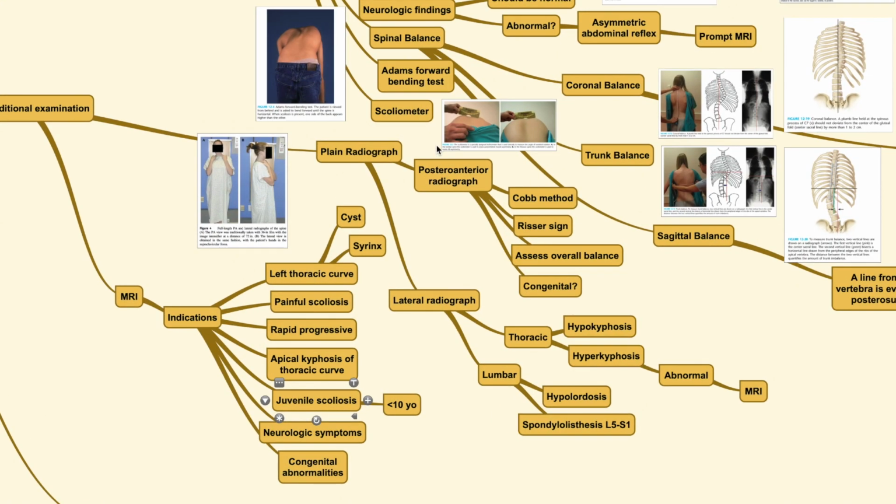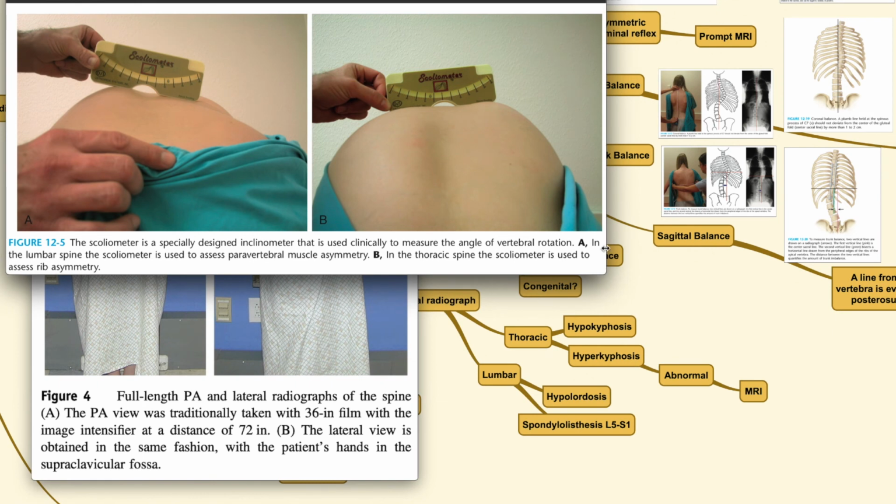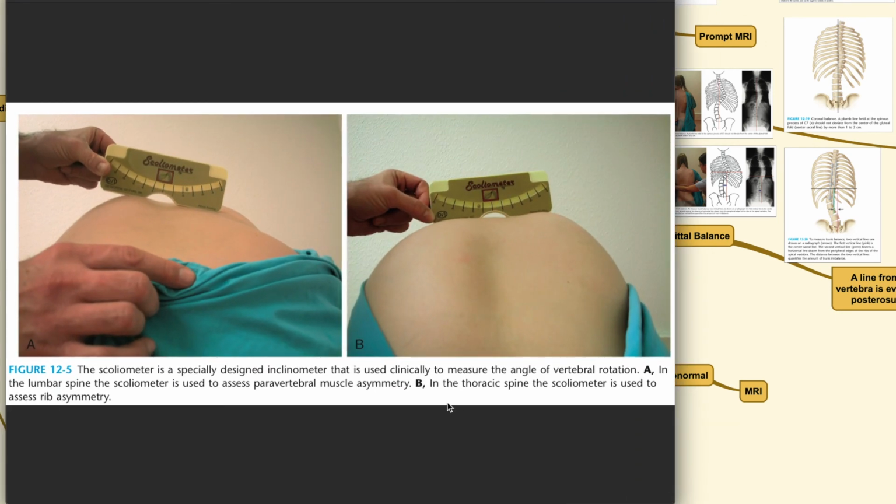And I skipped this, sorry. This is one of the tools that you could use to evaluate patients with scoliosis. It is called a scoliometer, and you could see here this little bead that is embedded within the tool. It is also known as the inclinometer, and you could use it to measure the angle of vertebral rotation.